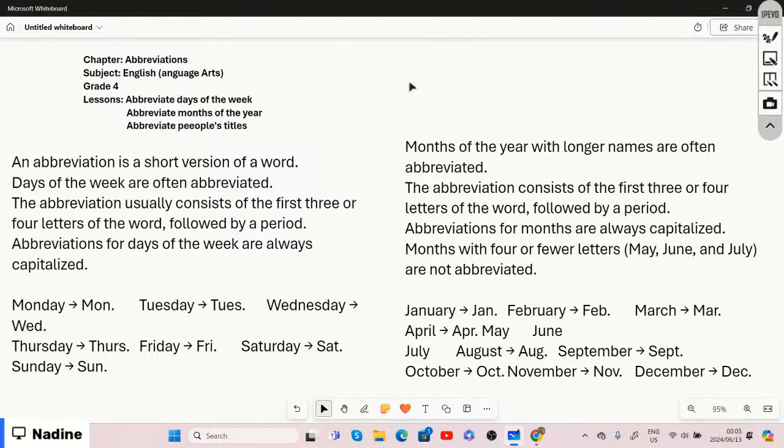And the lessons that we're going to be focusing on today under the chapter of abbreviations is to abbreviate days of the week, to abbreviate months of the year, and also to abbreviate people's titles.